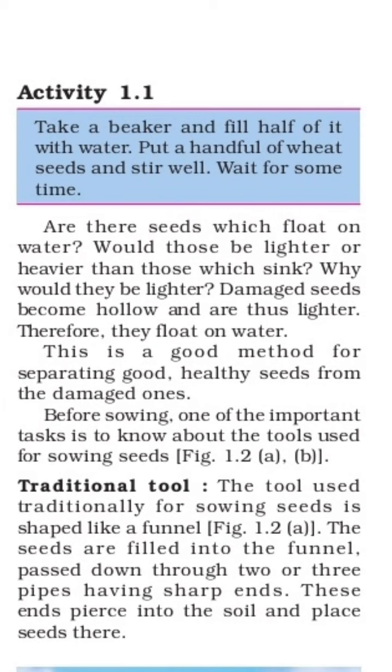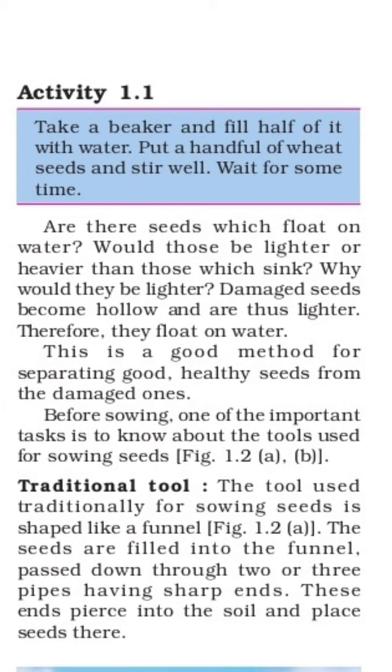How to separate the damaged seeds and healthy seeds? We have to take one vessel, fill it half with water, and put the grains in it. Some seeds sink in the water and settle at the bottom of the vessel. Some seed particles float on the water, which are lighter, hollow, and damaged seeds.